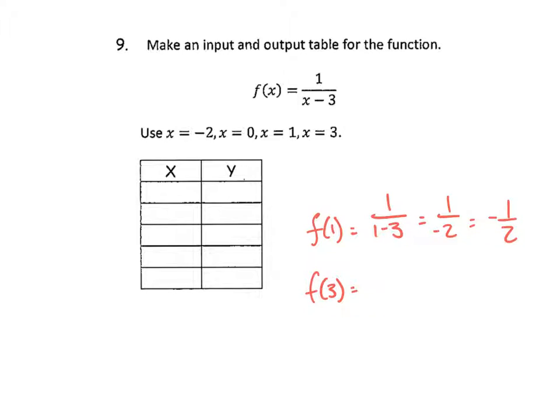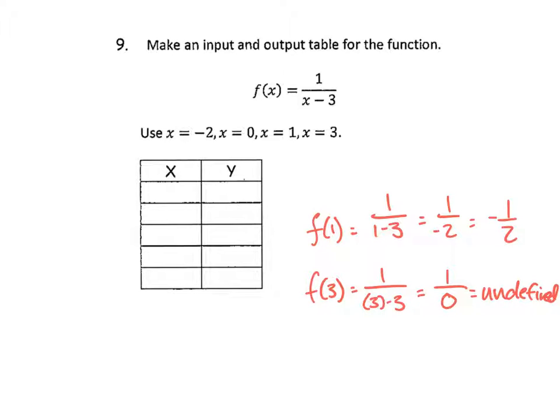And number 3, f of 3, what did we get? Okay, so we plug in a 3. 3 minus 3 is 0. Can we have a 0 in the denominator? No. So we call that undefined.